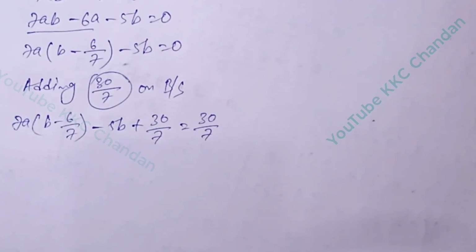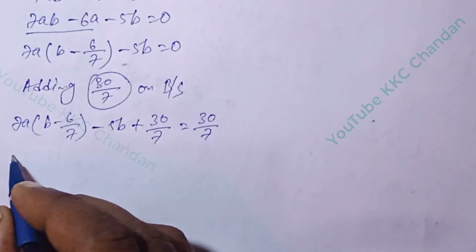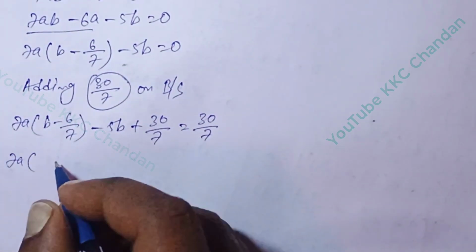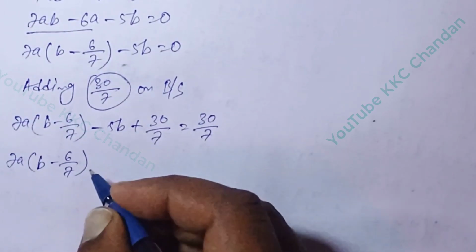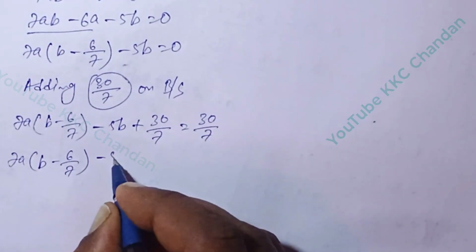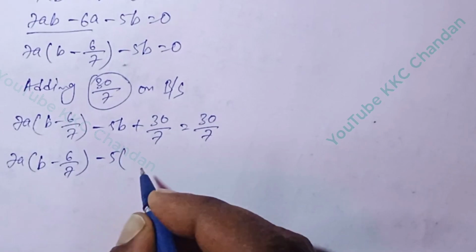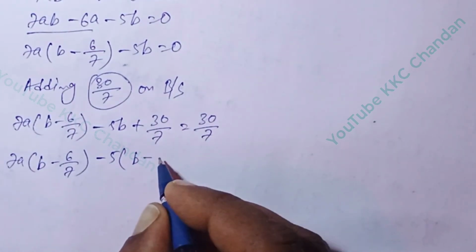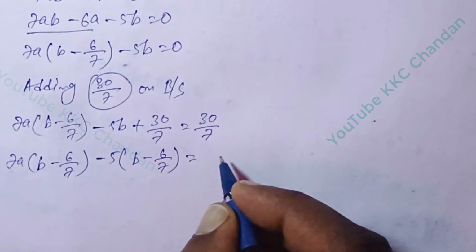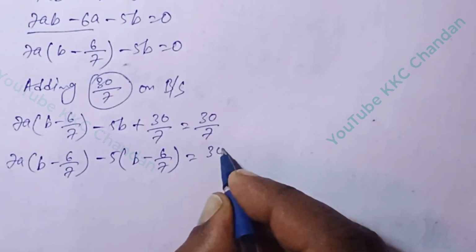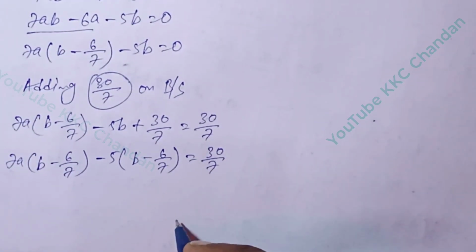Next step, 7a bracket open, b minus 6 divided by 7 bracket close, minus 5 bracket open, b minus 6 divided by 7 bracket close is equal to 30 divided by 7.